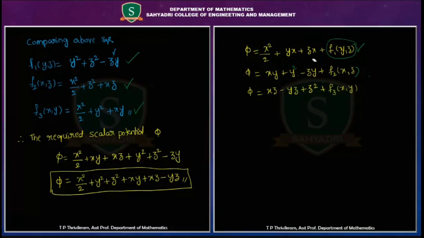So after finding f1, f2, f3, take any one phi, either this one or this one or this one. Substitute f1, f2 or f3. Okay.